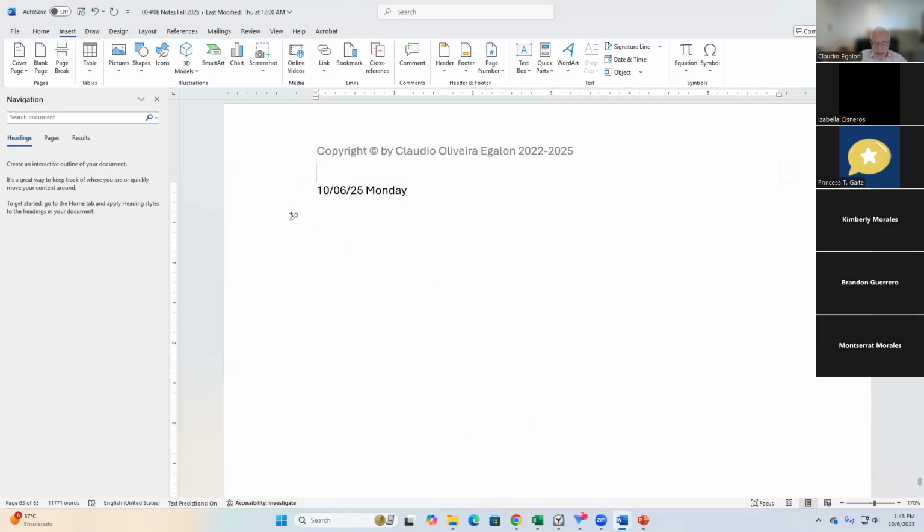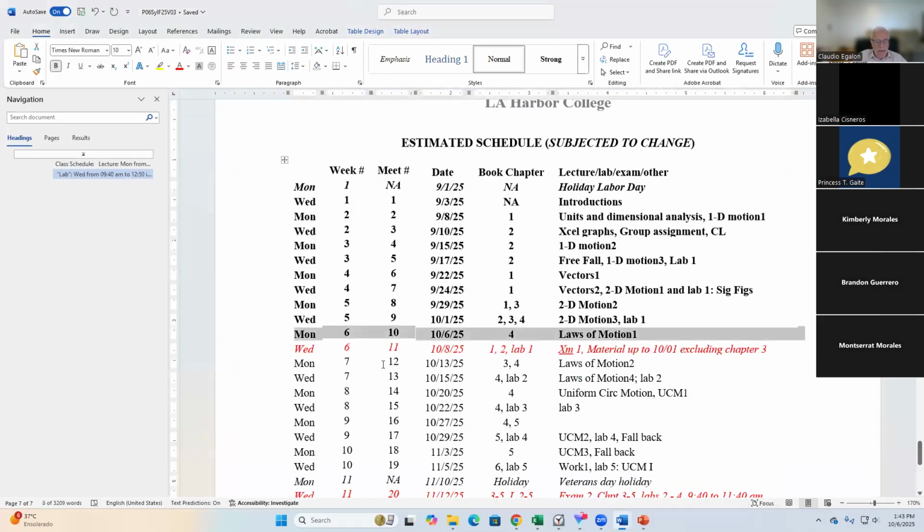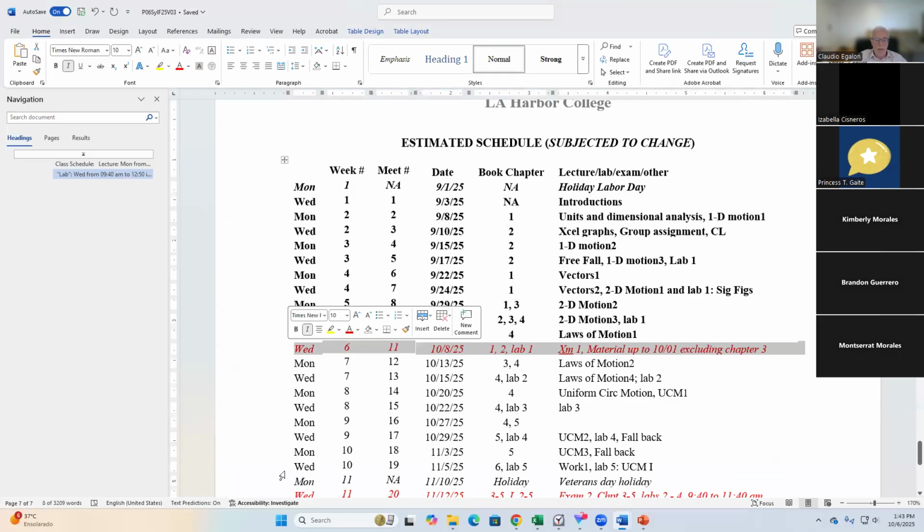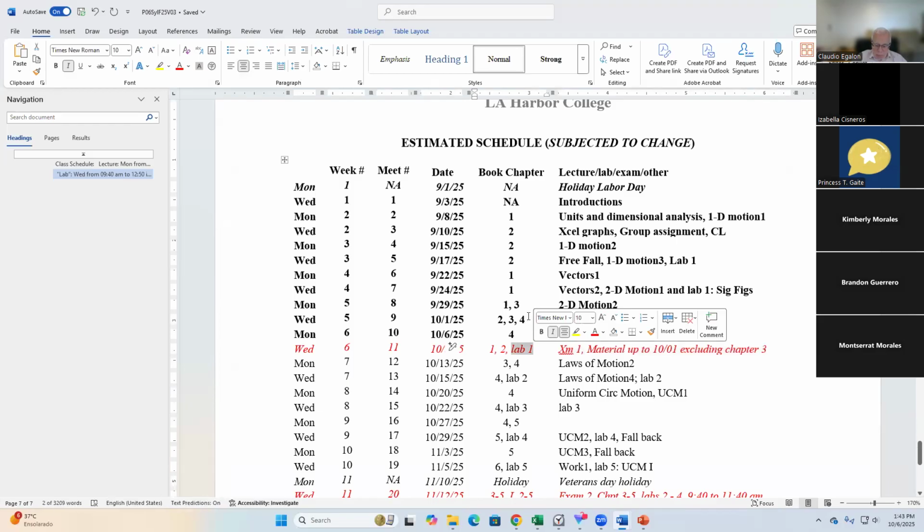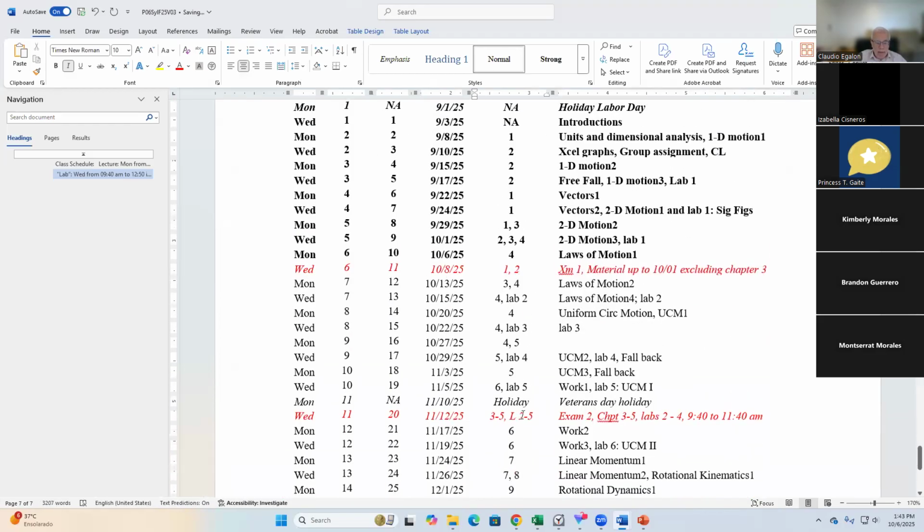Let's not forget that the exam is the day after tomorrow. Remember, we're not going to have lab 1 in this first exam. We're going to leave lab 1 for the second exam. I'm going to put a question mark here because I do not know how many labs we're going to cover until the second exam.